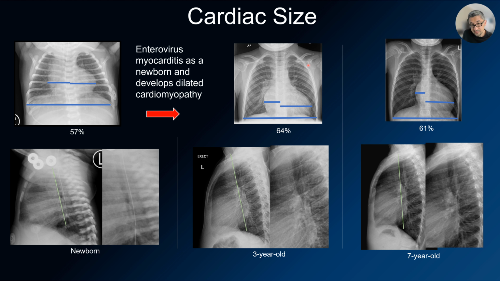On the follow-up, as a newborn, the patient had an enterovirus myocarditis and developed a dilated cardiomyopathy and cardiomegaly, and the cardiothoracic index increased to 64%, and the heart extended beyond the anterior tracheal line. And on the follow-up at 7 years, you can appreciate the cardiac enlargement, 61%, and the heart extending beyond the tracheal line.